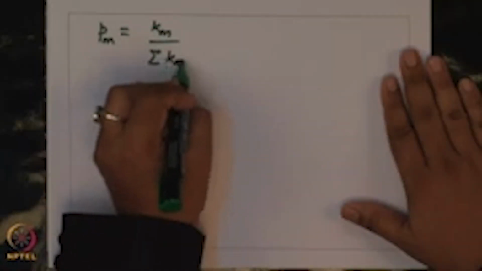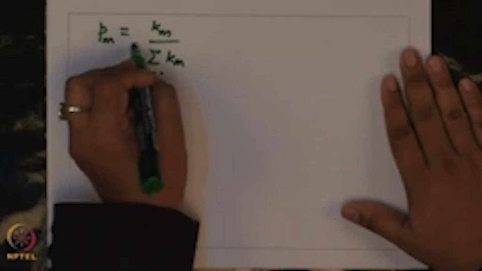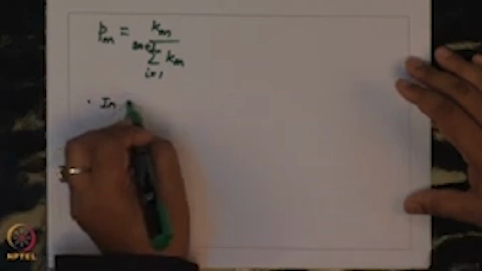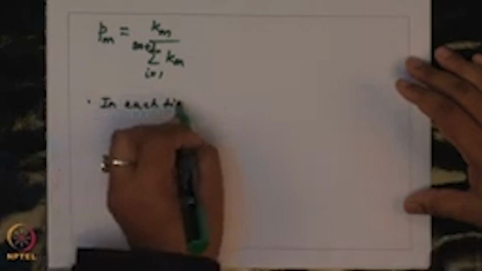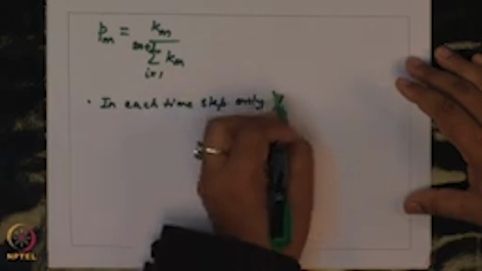Okay. So, I can calculate the probability of an event P_m as k_m divided by the summation of k_i over i equal to 1 to 2n plus j. Given these probabilities, in the Gillespie algorithm, in each time step only one event is triggered.